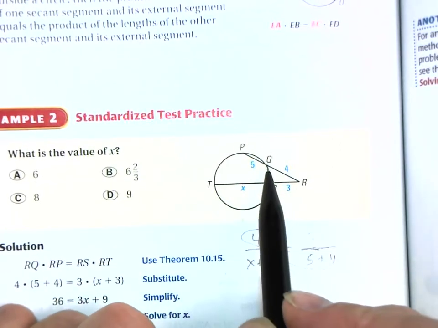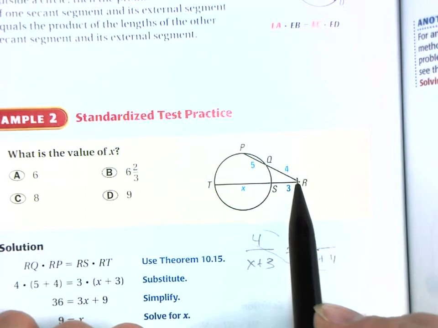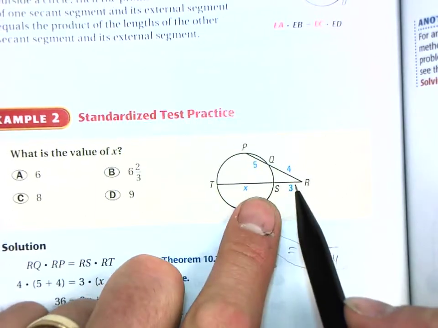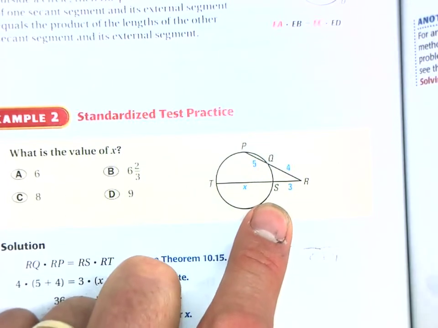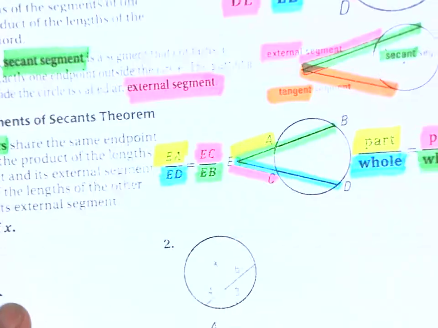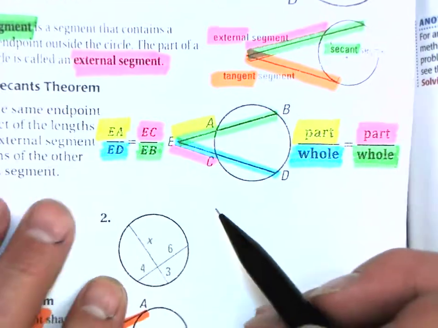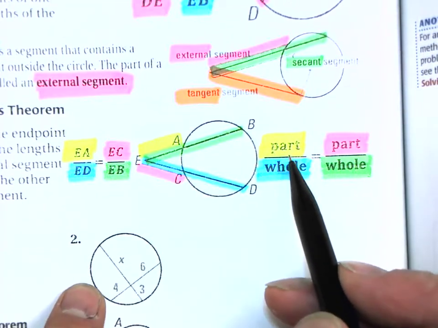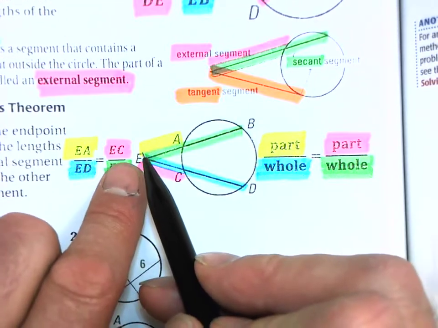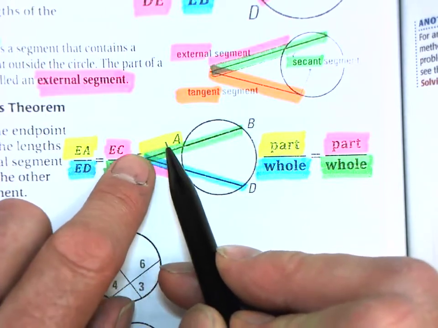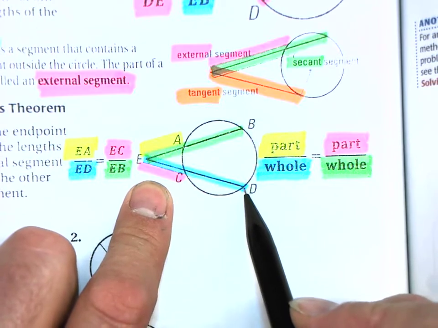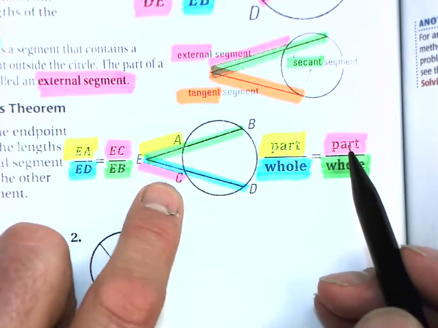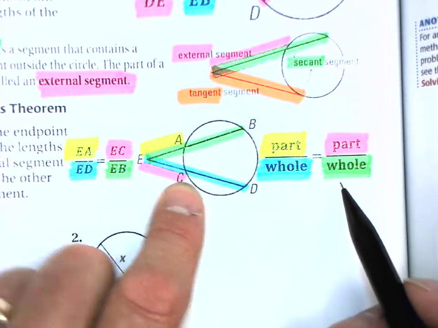And remember, this is the external segment of that secant, and then 3 is the external segment of the other secant. And remember our proportion here, it is part over whole, where it is part of one secant over the whole of the other secant. And that equals part of one secant over the whole of the other secant.